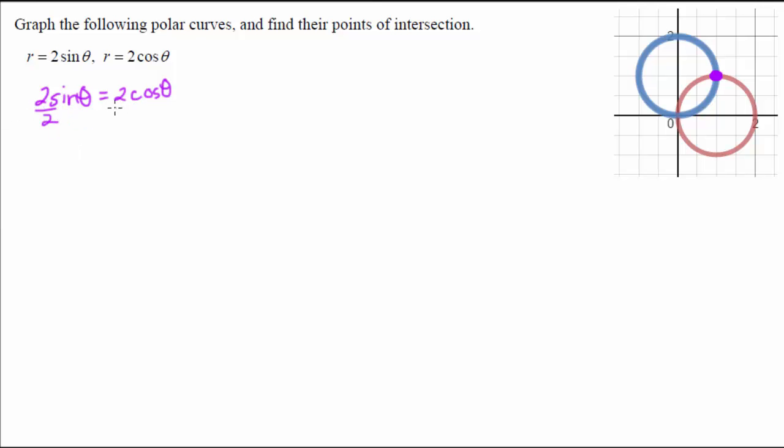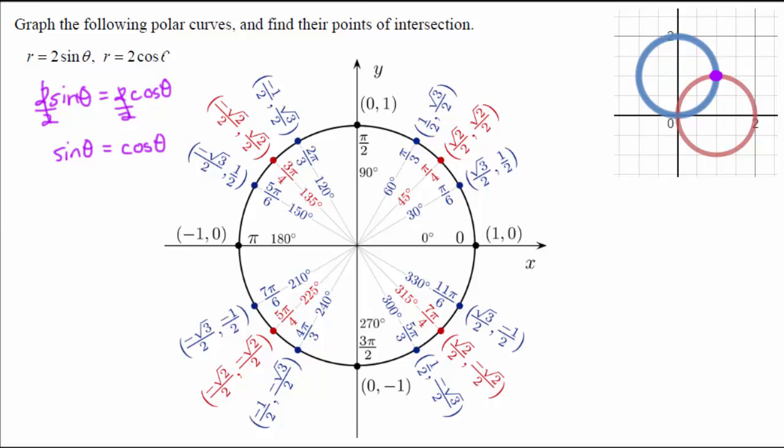We can divide by 2 on both sides and get rid of those coefficients to show basically they don't really matter. So what we need to figure out is at what angles are sine and cosine the same? Well, if I look at my unit circle, the values where sine and cosine are the same for theta are at pi over 4 and 5 pi over 4.